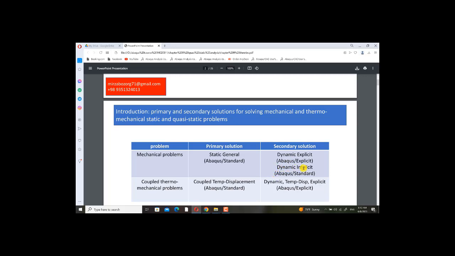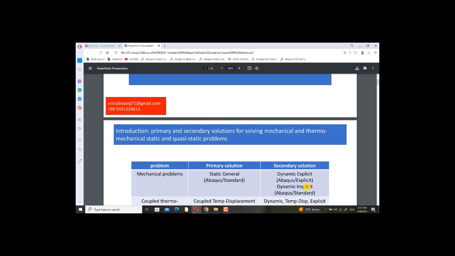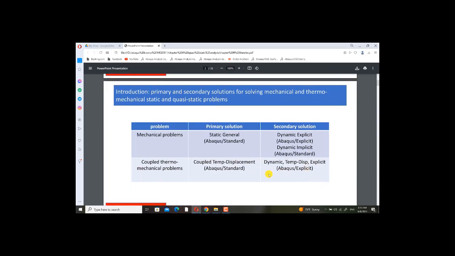So the solver of the dynamic implicit step and the static general step are the same. And the secondary solution for coupled thermomechanical problems is the dynamic temp-disp explicit step. The solver of this step is Abaqus explicit. In this course, we don't cover this step. Maybe in the advanced Abaqus course, I will solve several problems using this step.